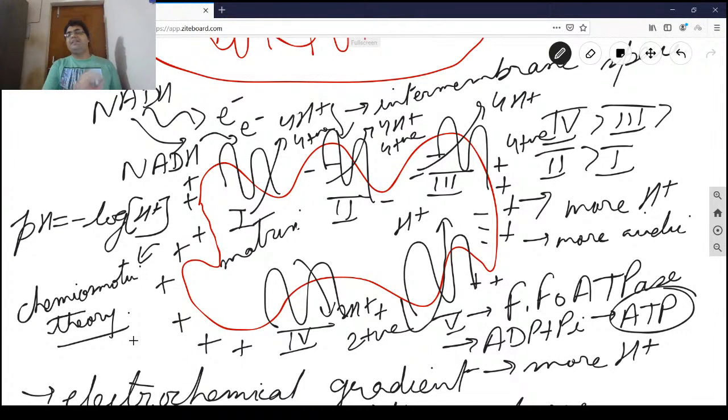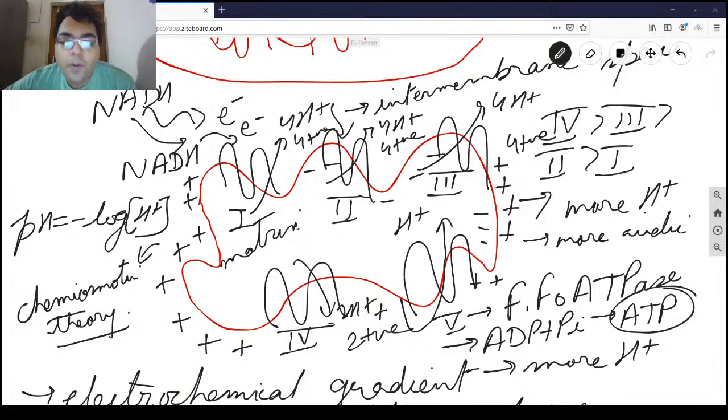In your school examination, directly one thing can be asked: what is the chemiosmotic theory? This is your chemiosmotic theory: the build up of the electrochemical gradient, then the return of the H plus through the F1, F naught ATPase, by which ADP can be phosphorylated to produce ATP.